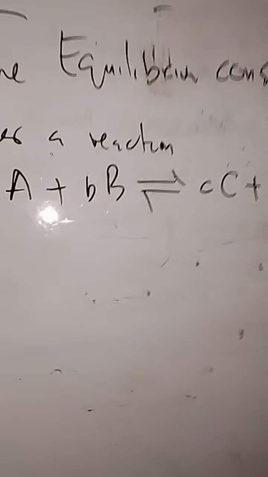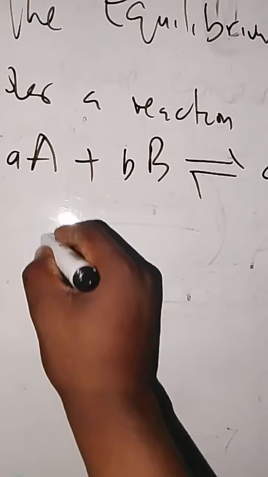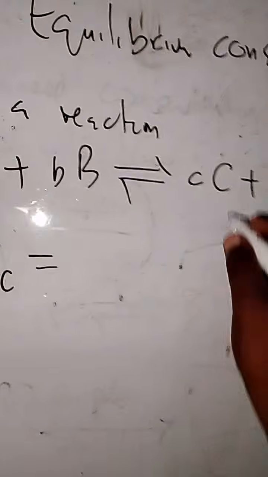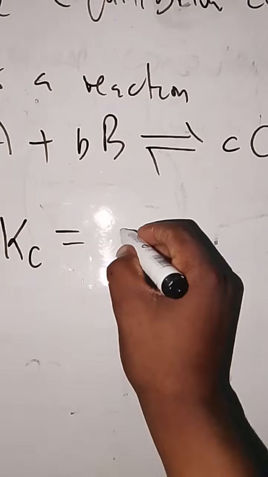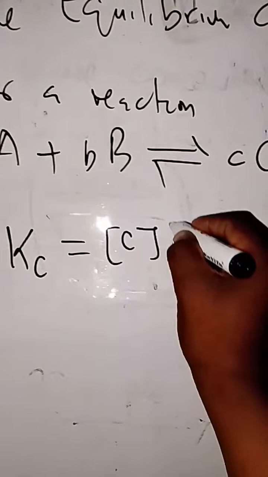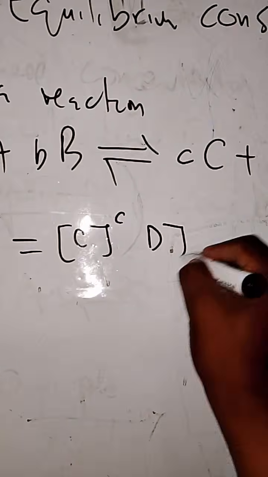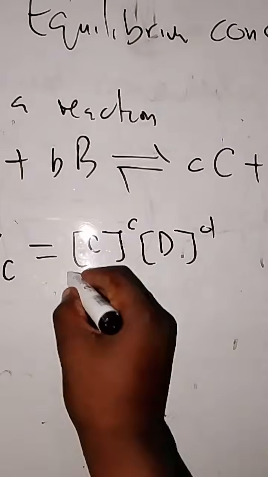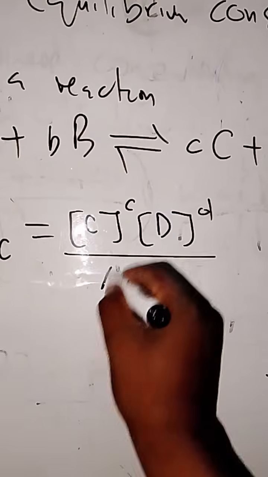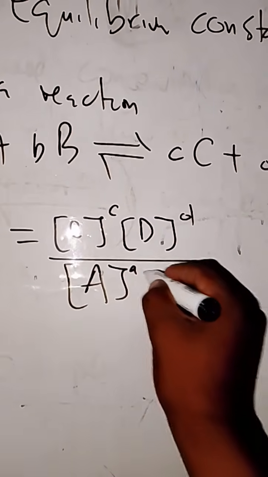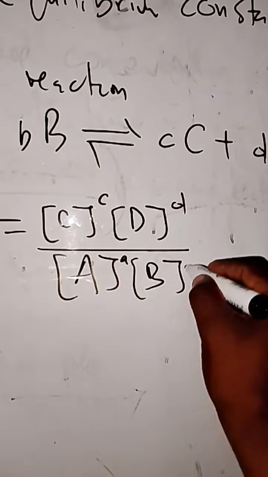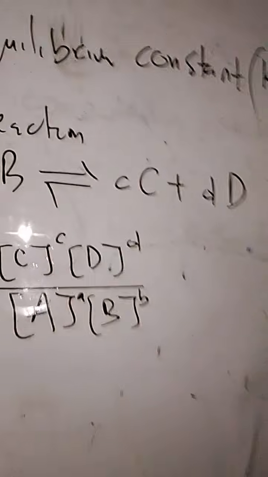We can write the Kc expression as Kc equals the concentration of C raised to the power c, concentration of D raised to the power d, over concentration of A raised to the power a, concentration of B raised to the power b.